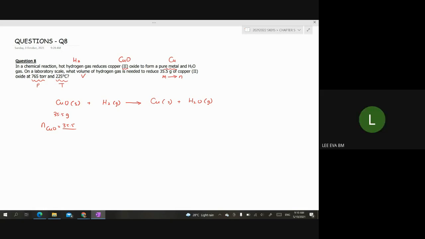Okay, 79.6 because the copper, what is the atomic mass of copper? 63.6. So sometimes the questions will give you 63.54. Okay, so either one you want to use 63.54 or 63.6. So plus with oxygen 16 give you 79.6. So the number of mole over here we have got 0.44.